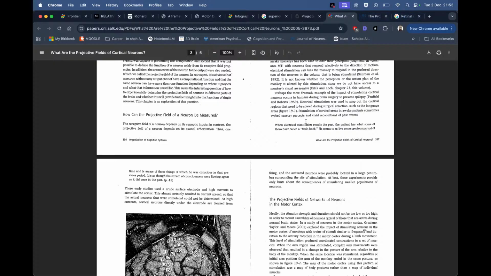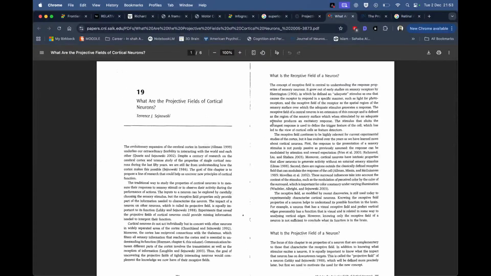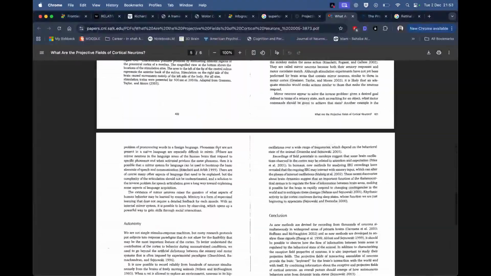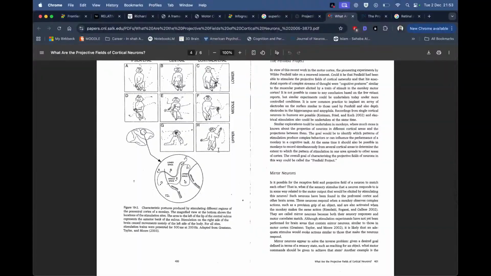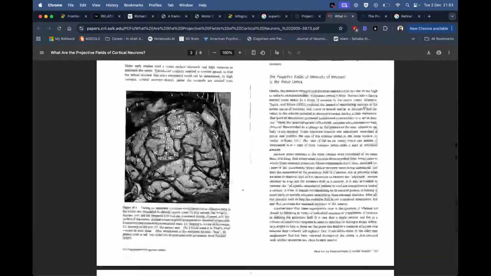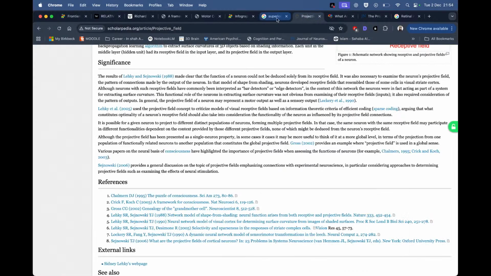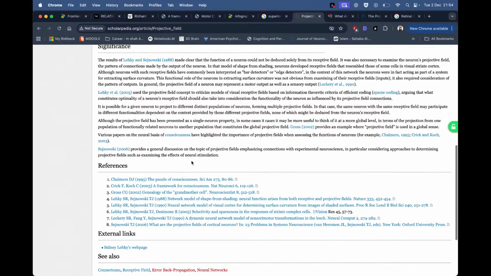Okay, so let's read this: projective fields of cortical neurons. Actually, let's read this in the next stream. I think what I'll do is break this down myself and then discuss in more detail. Right, perfect. So, inshallah, hopefully you have learned something of value.